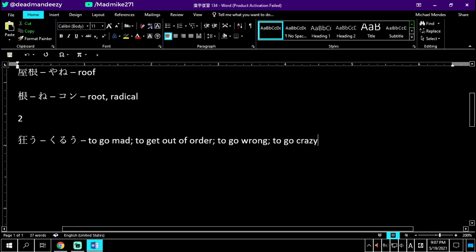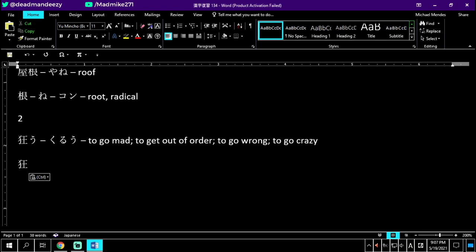Kuru. New kanji here. We have a king on the right side, and on the left side, I think it's a claw. Let me double check that.